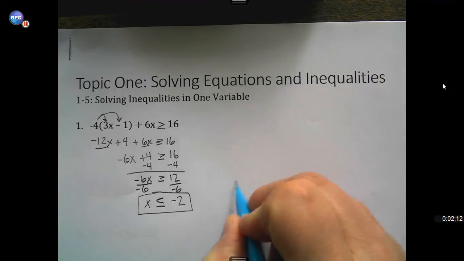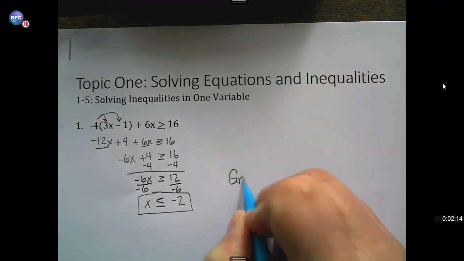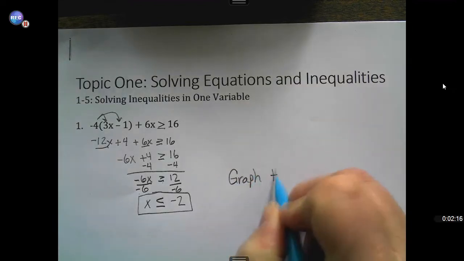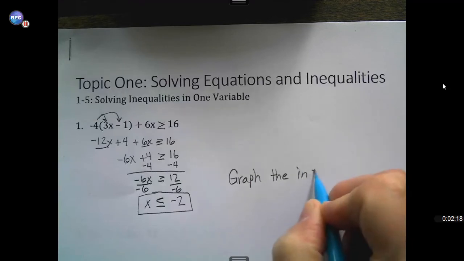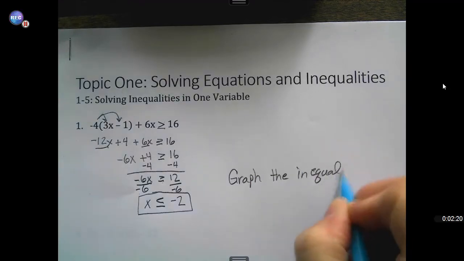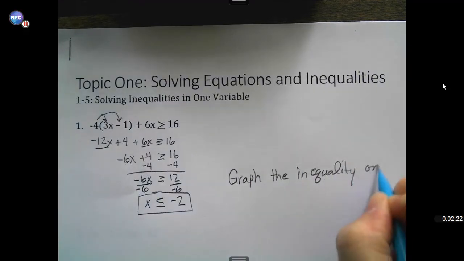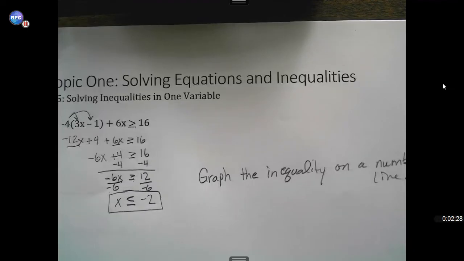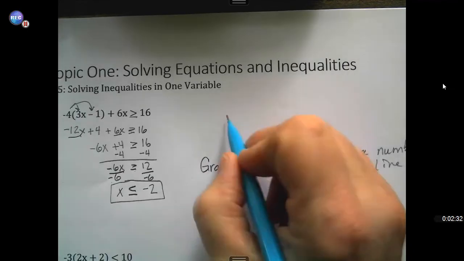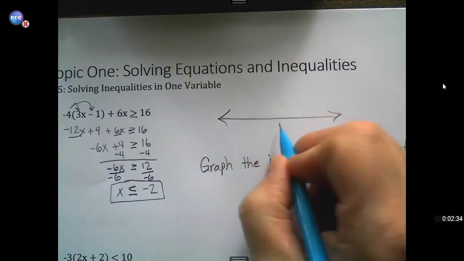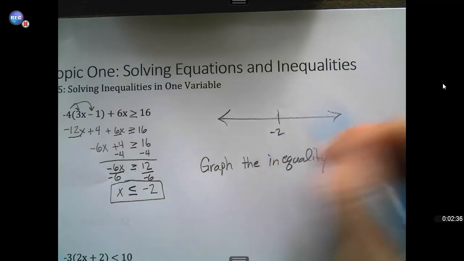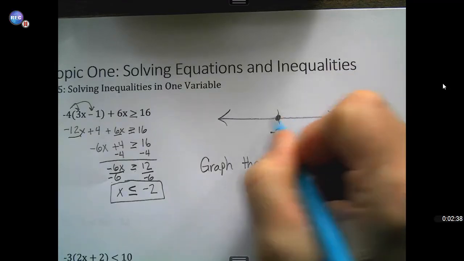On some of the other problems, I also ask you to graph the inequality on a number line. What's not okay is to draw the number line, put negative 2, and shade it in.